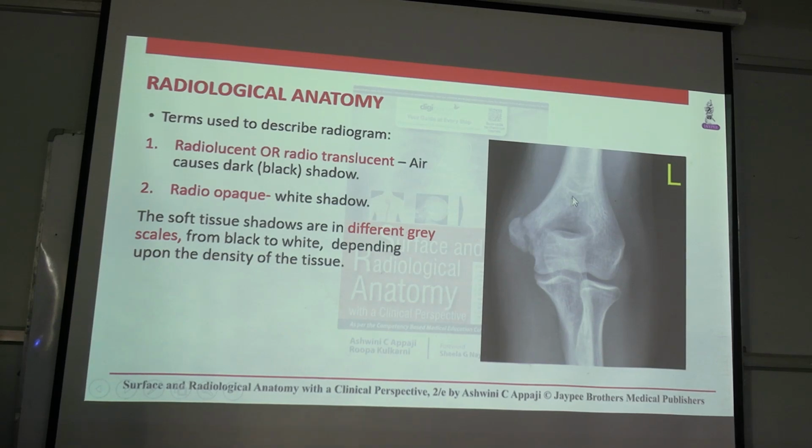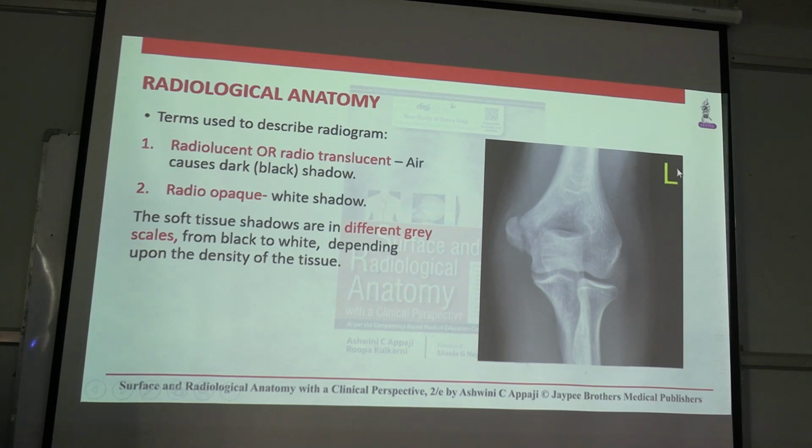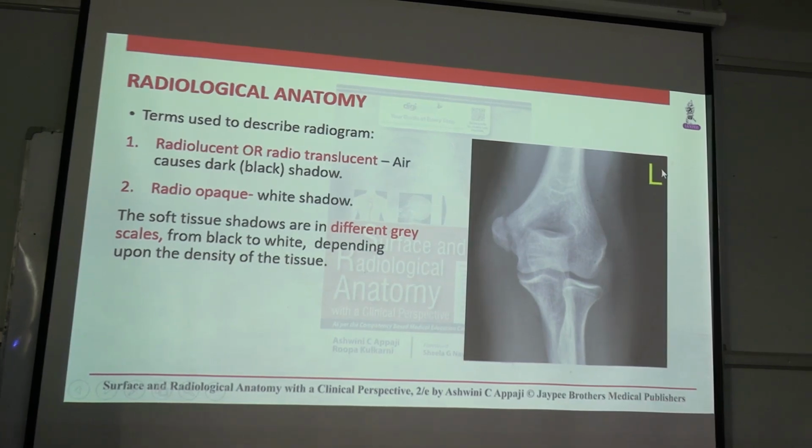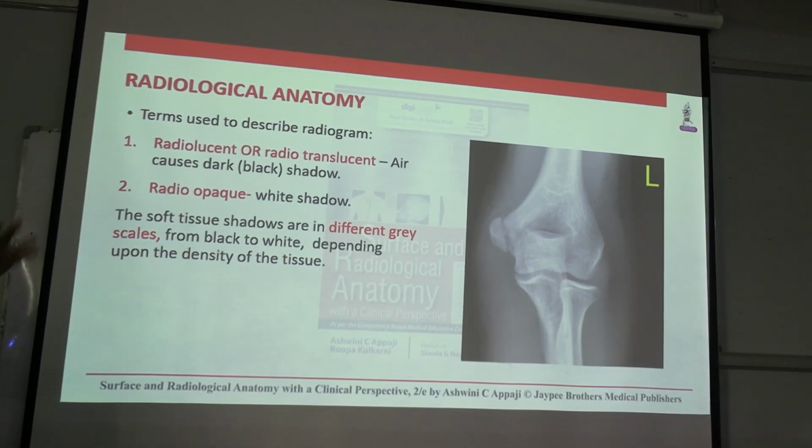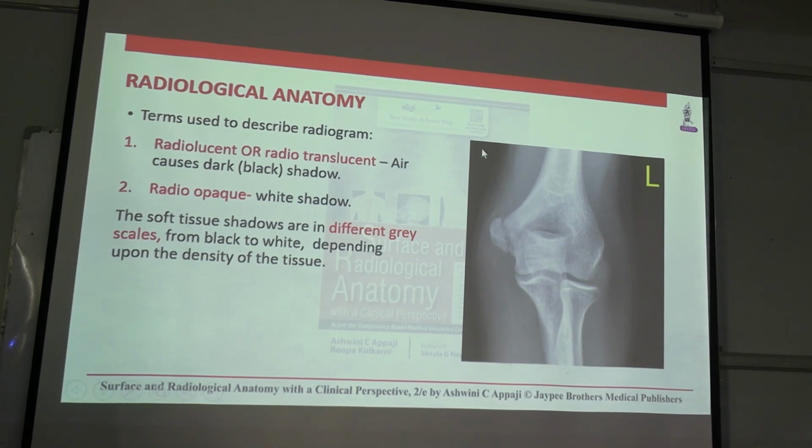The cartilage, which is a little less dense, present in this joint, allows some penetration. This region we have black, that means completely penetrated, because this is outside, this is the air, so it has a black shadow.